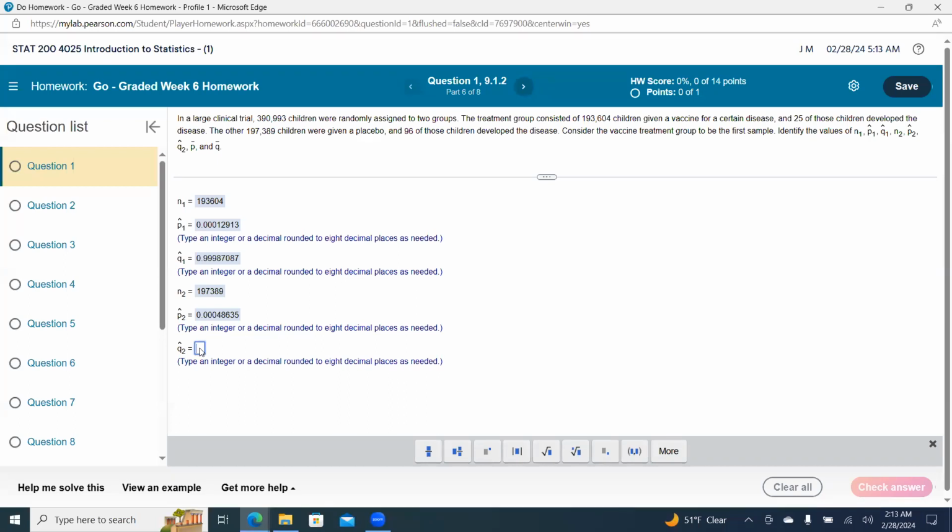So we have P2, that's P1 hat, Q1 hat, P2 hat, and Q2 hat is going to be 1 minus that. So we get 0.99951365.